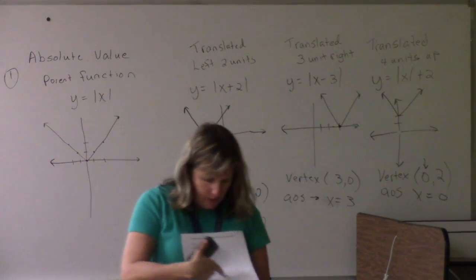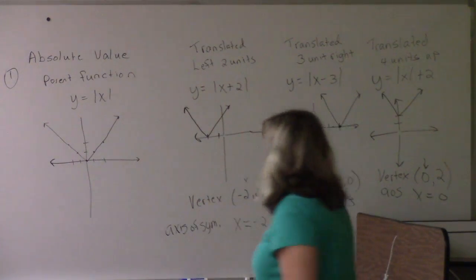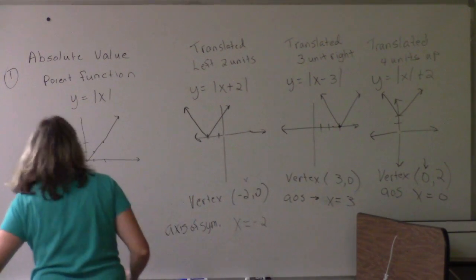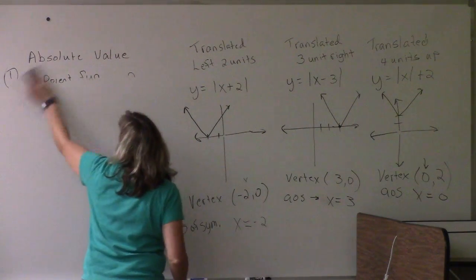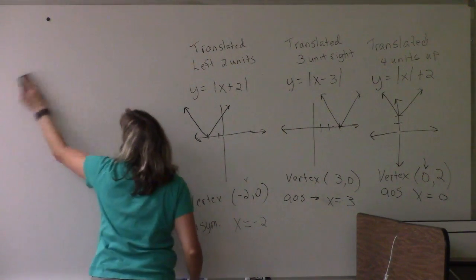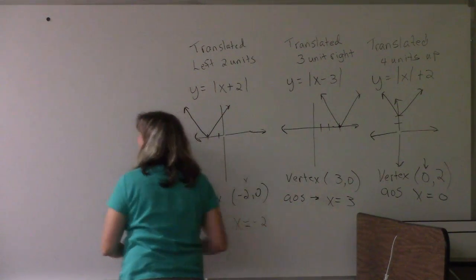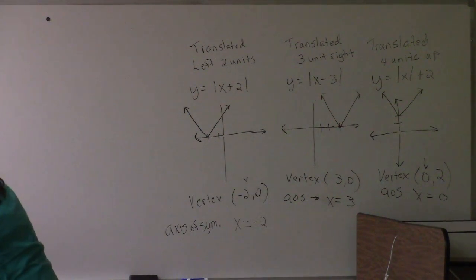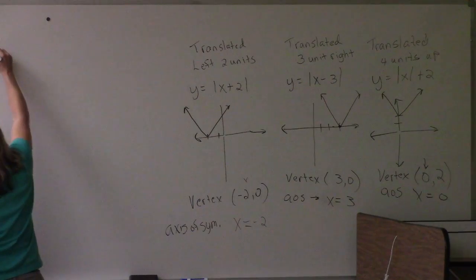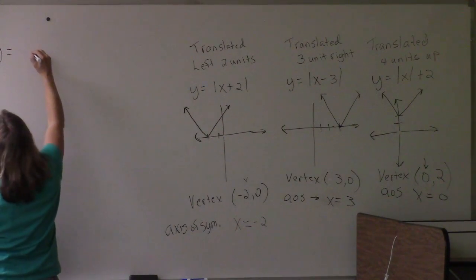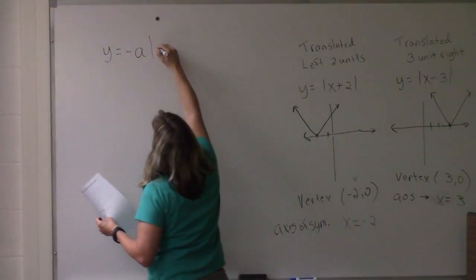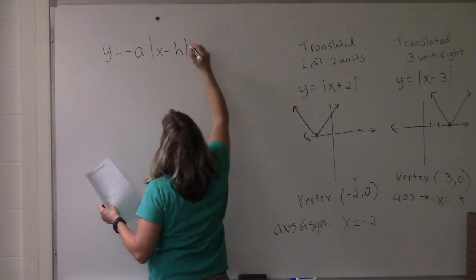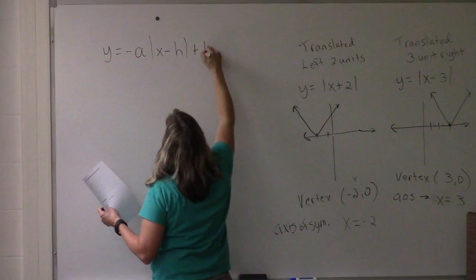This is your pattern. I'm going to erase some of this, because we're just going to look now at the pattern rather than having to graph these all the time. Y equals, we're not going to deal with the negative a today, the absolute value of x minus h, we'll do that again next week, plus k.